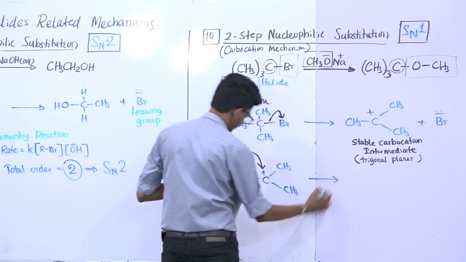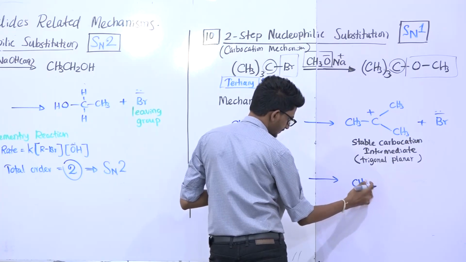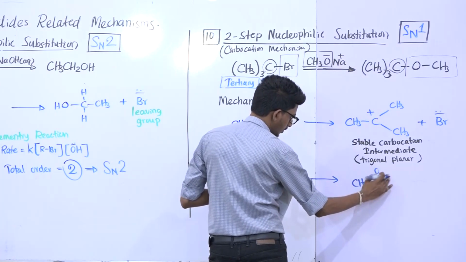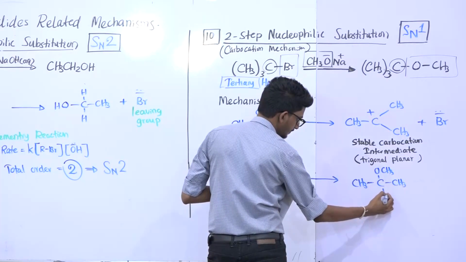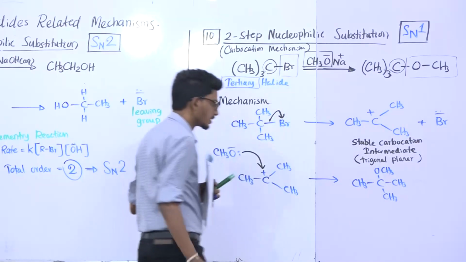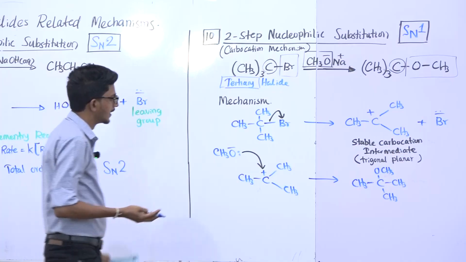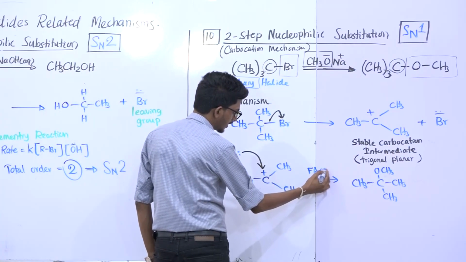So you come up with OCH3 connected like this, right? So that is the second step. So in this two-step mechanism, this is considered as a fast step, and this is the slow step.